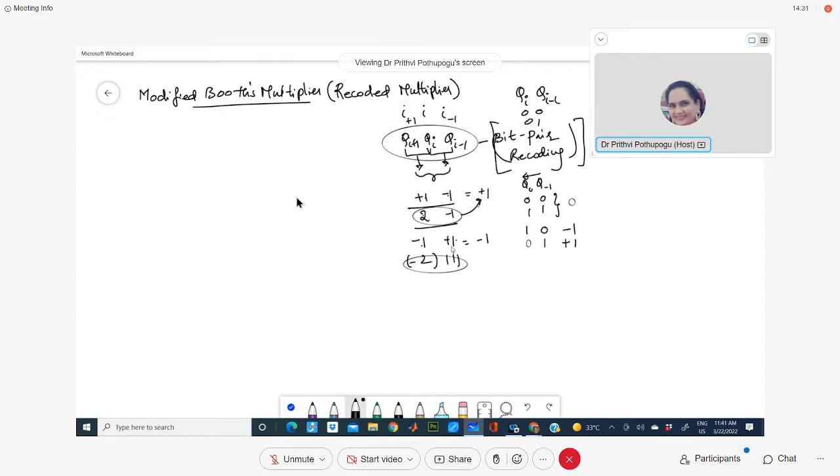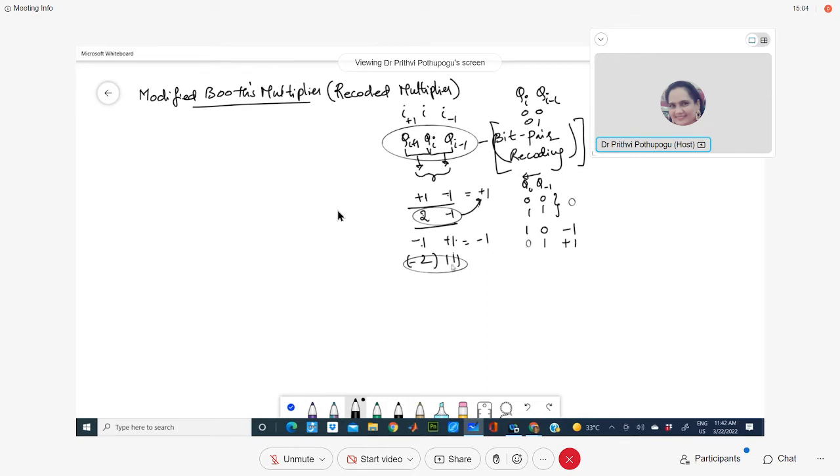After doing so, we take the bit pair recoded format of the total magnitude of the multiplier. N into M or M into N means the same for multiplication. So for the one you are taking as the multiplier, we do a bit pairing so that the number of iterations comes down.